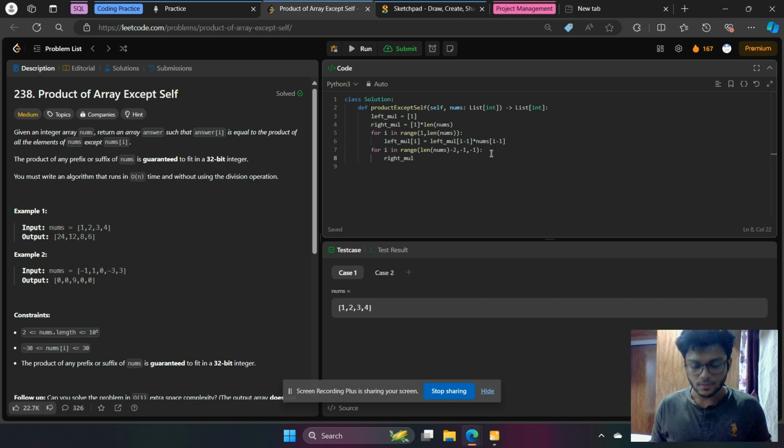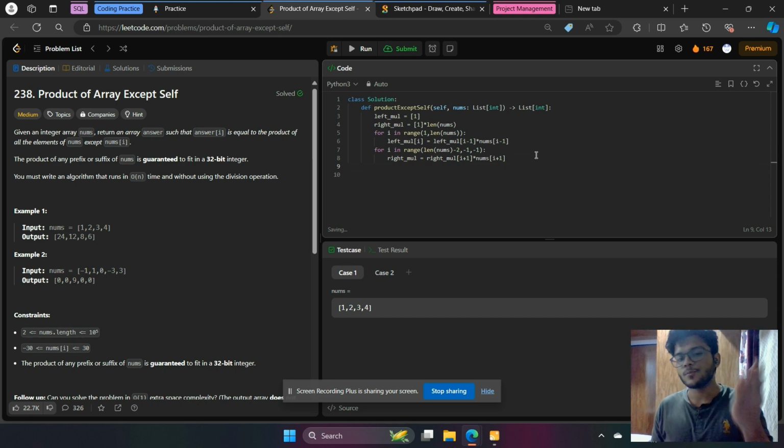We are trying to multiply from the right side, and the right side is the reverse order. So right mul of i: we have to multiply the element after it, which would be i plus 1, and also the element in nums at i plus 1. That means nums would always have two elements, so this should work perfectly.